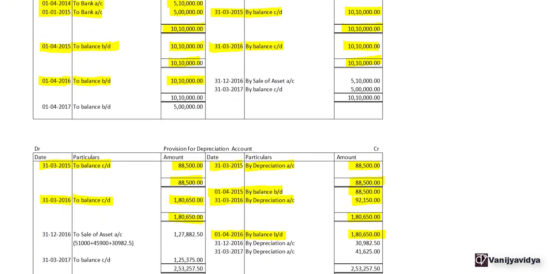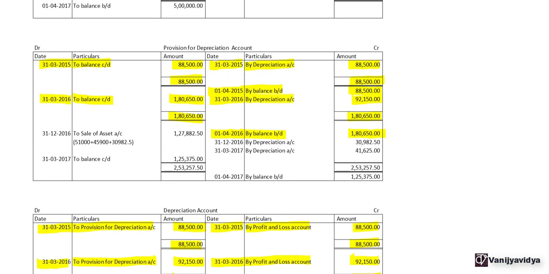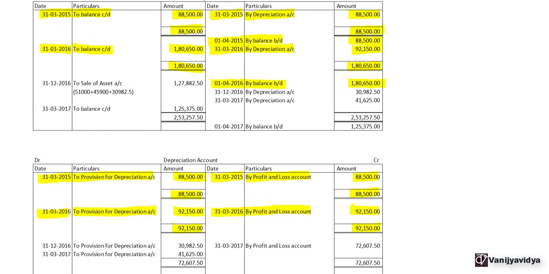Let's record this. So on 31st December 2016, by depreciation account 30,982.5, and on the depreciation account debit side, 31st December 2016 to provision for depreciation account 30,982.5.